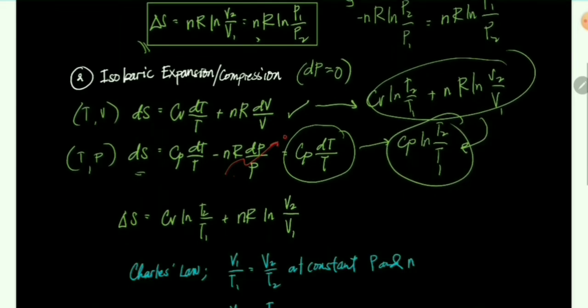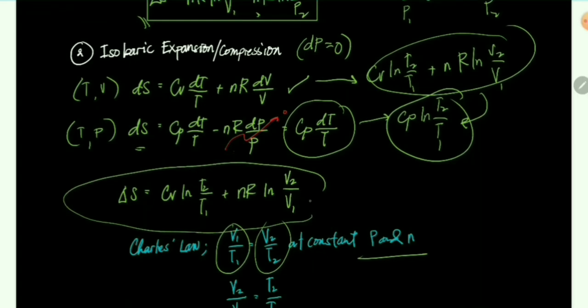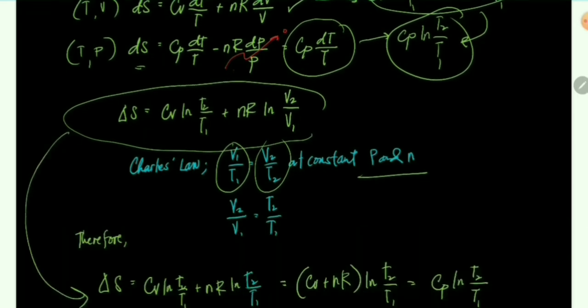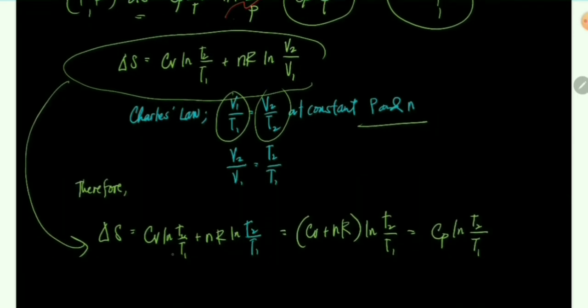Tingnan natin. Okay? So, Charles' law, V1 over T1 is equal to V2 over T2 at constant pressure and number of moles. So, from this equation, delta S is equal to Cv ln T2 over T1 plus nR ln T2 over T1 kasi ito yung rederivation ng Charles' law. Okay? So, V2 over V1 is equal to T2 over T1 according to this law.